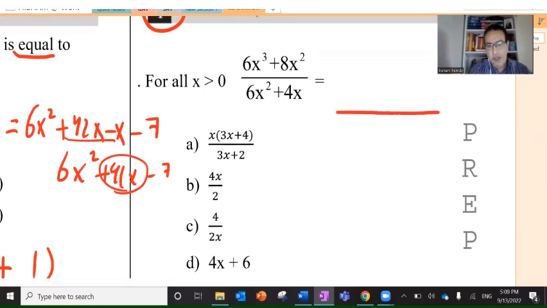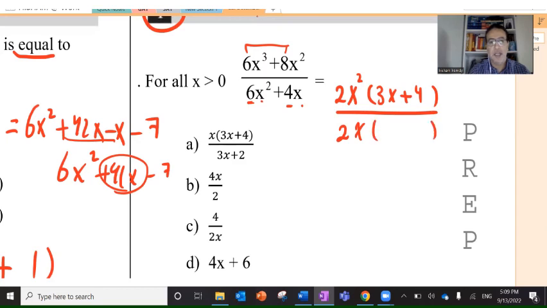First step of factorization here, I'm going to take 6 and 8, 2 as a highest common factor. x cubed and x squared, I'm going to take x squared, the smallest power. Then the remainder is 3x plus 4. In the denominator, I have 6 and 4, so 2 as a highest common factor. x squared and x, so x is the highest common factor. 6x squared divided by 2x is 3x plus 2.